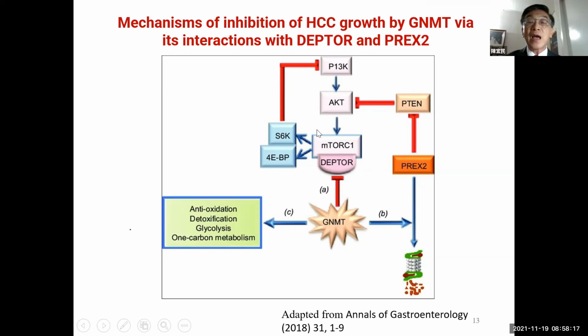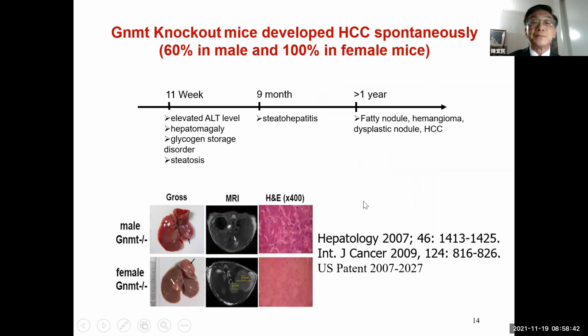Both actions cause AKT activation, so GMT plays a very important role in different pathways, including the mTOR signaling pathway and the PTEN pathway. So besides its enzymatic function, through protein-protein interaction, GMT can regulate tumorigenesis pathways.